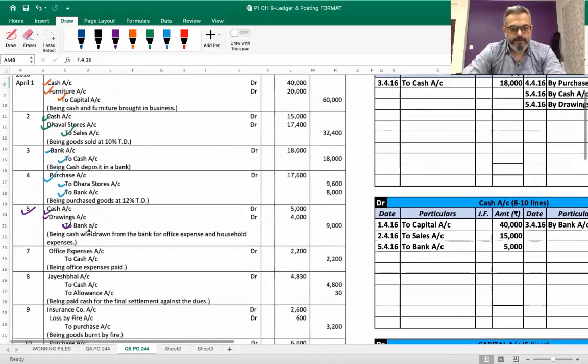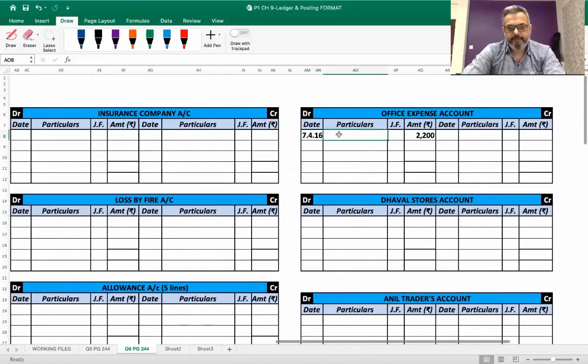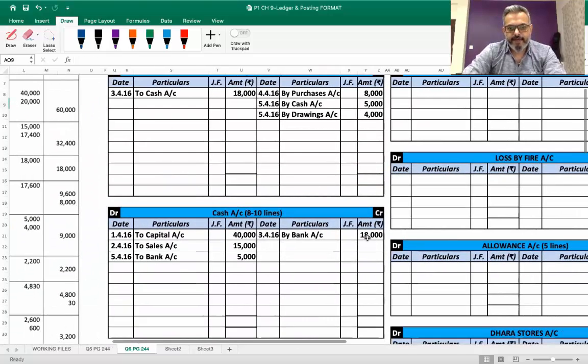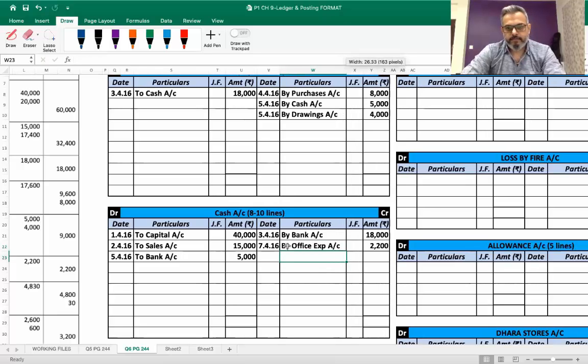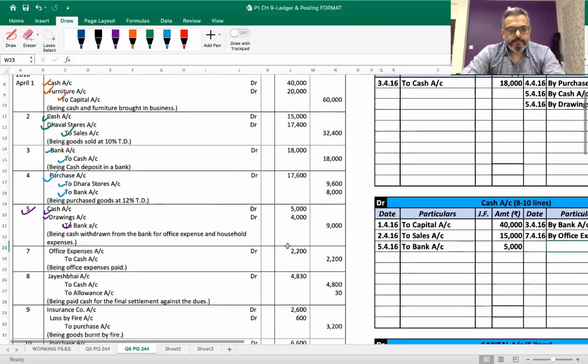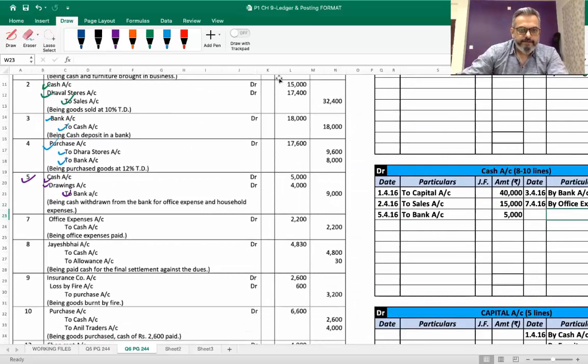So office expense account debit 2,200 to cash account, and cash account credit side 2,200 by office expense account. So let's tick office expense to cash. Both done.